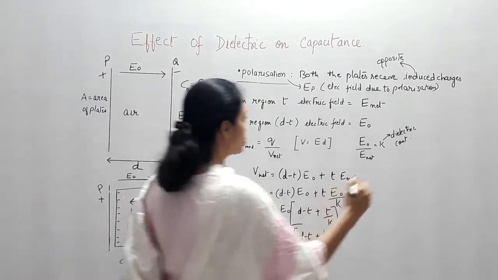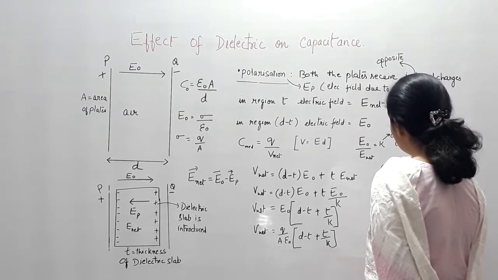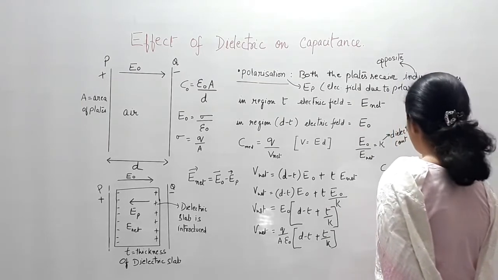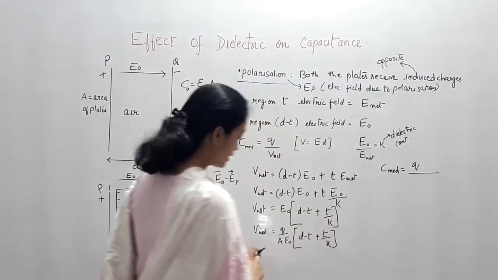So what am I going to do? Here I am going to substitute C medium is equal to Q divided by V net. What is V net?